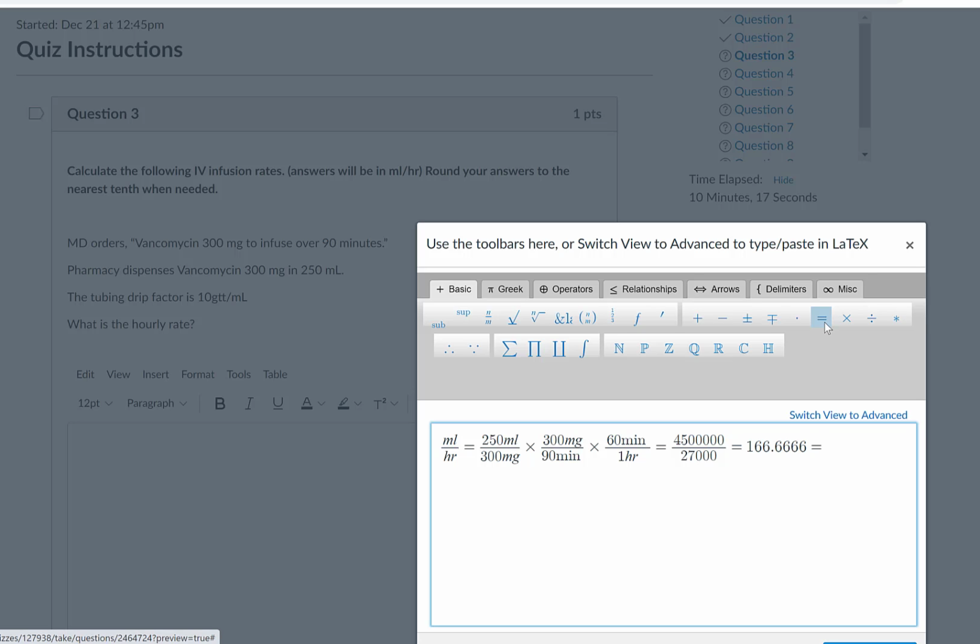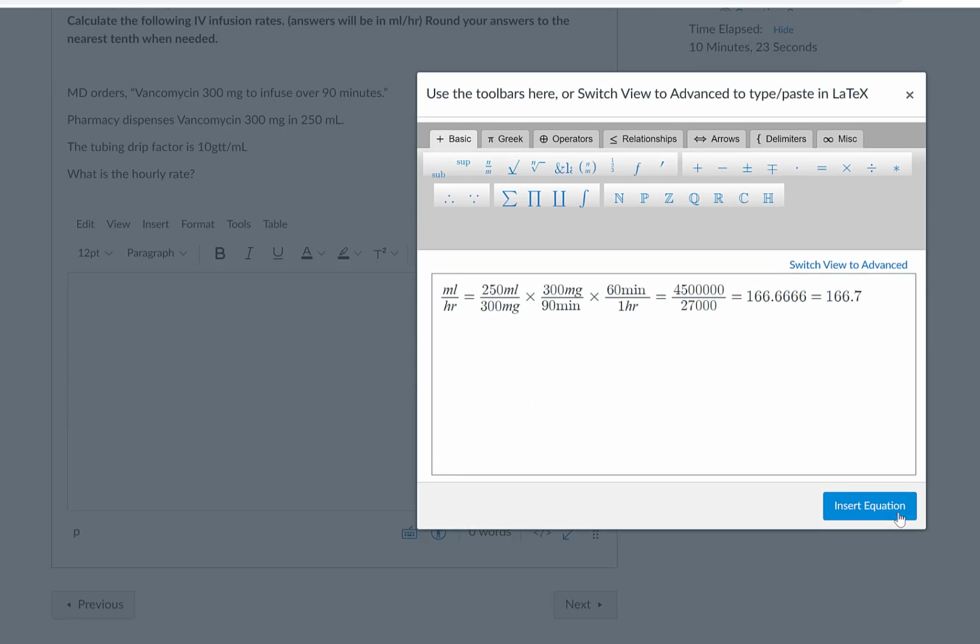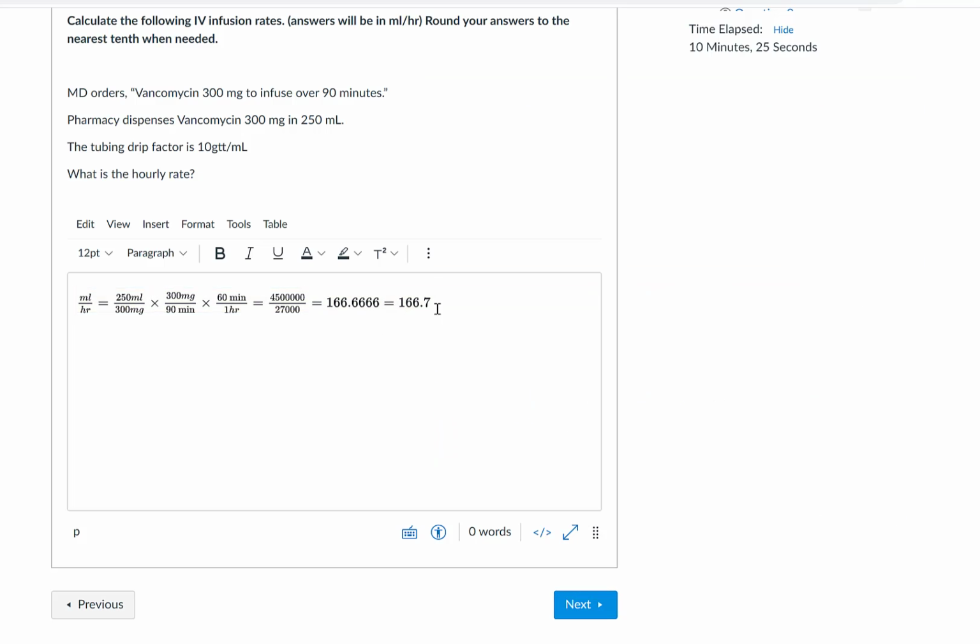I know that I have to round that to the nearest tenth, which is going to come out to 166.7. That is my dimensional analysis. I put it in, and I hit enter, and I put in my answer that you would like me to grade, 166.7 mLs per hour.